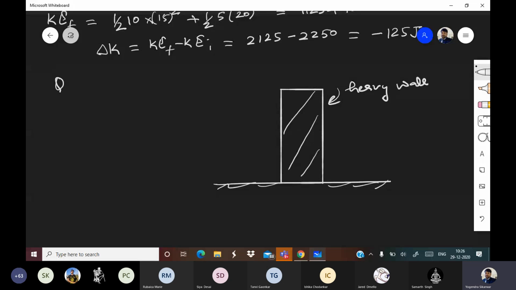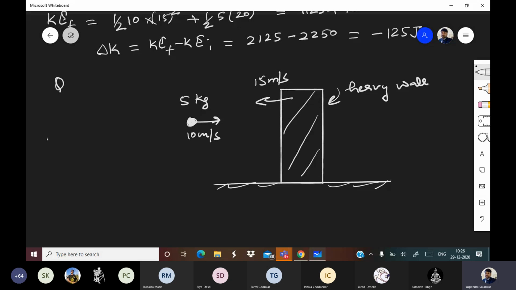And this is moving with velocity of 15 meters per second. This is a ball and this is of mass 5 kg and it is moving with 10 meter per second.